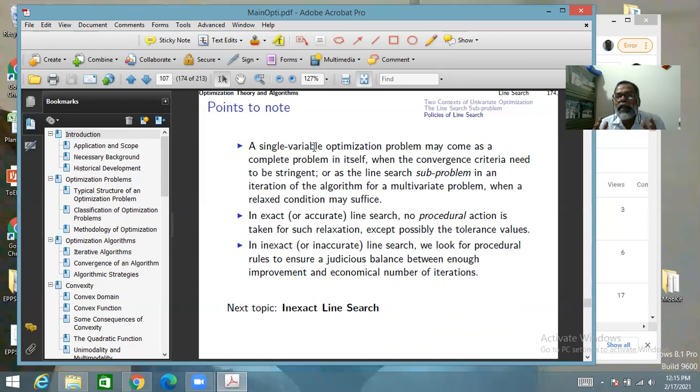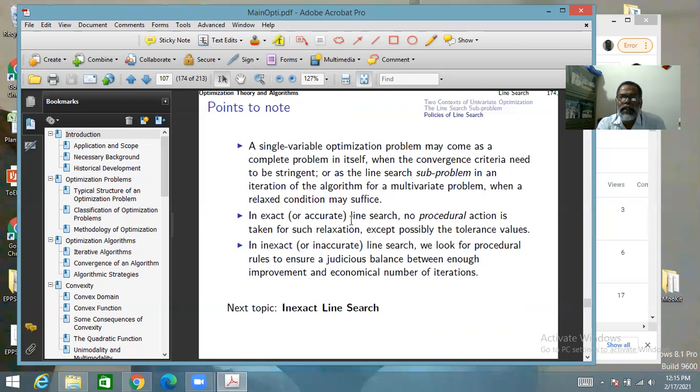On the other hand, if it is a part of a multivariate problem, a sub-problem in an iteration, then our motto should be to get hold of a very good point along this direction from where another direction can do perhaps better.